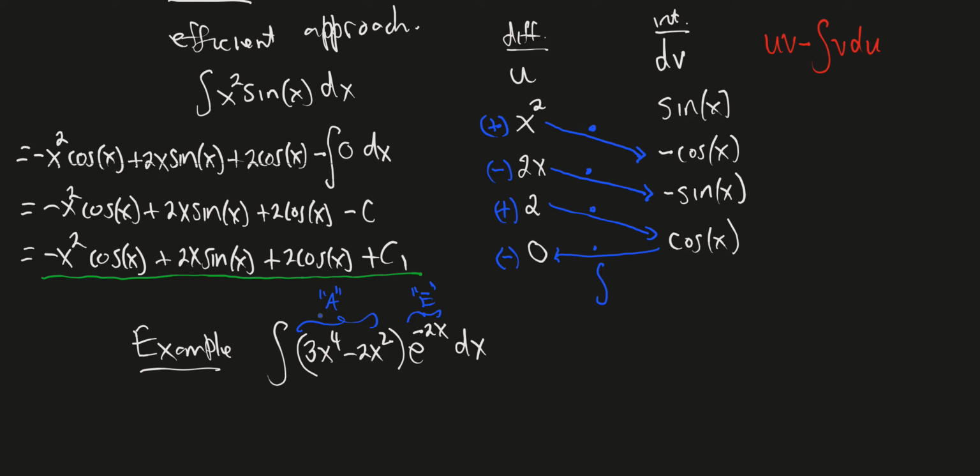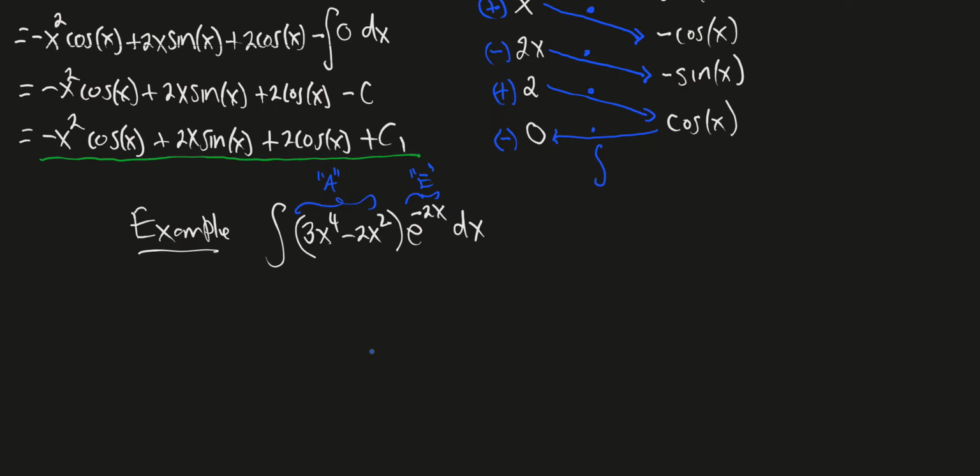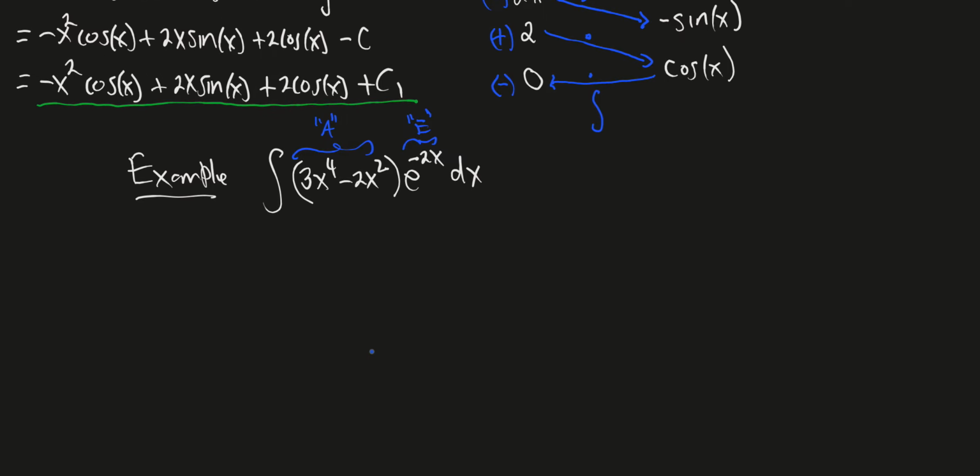So LIATE says, let's scroll down so we can set up our table, right? We should have enough room here. So LIATE says the u is going to be the polynomial, the 3x to the fourth minus 2x squared, and then the dv is going to be the exponential, e to the negative 2x.